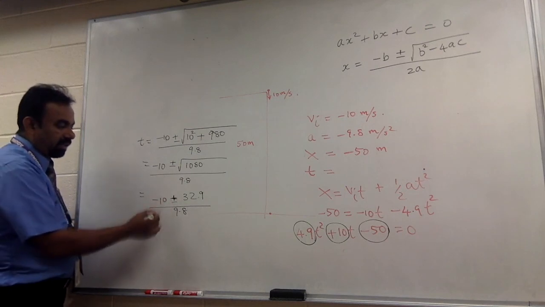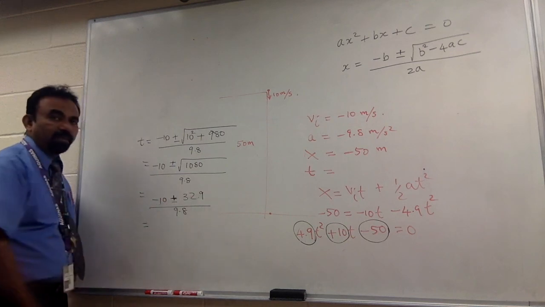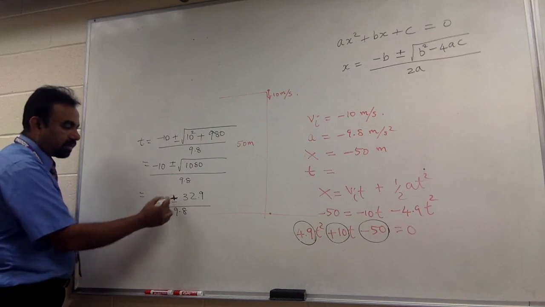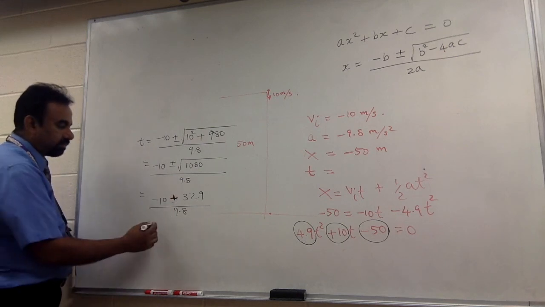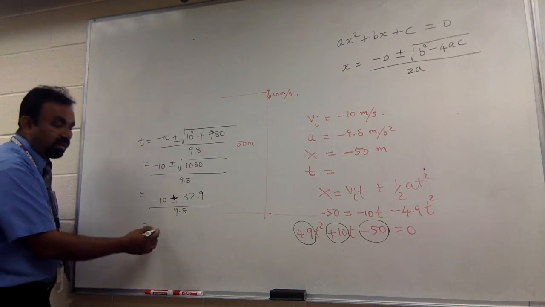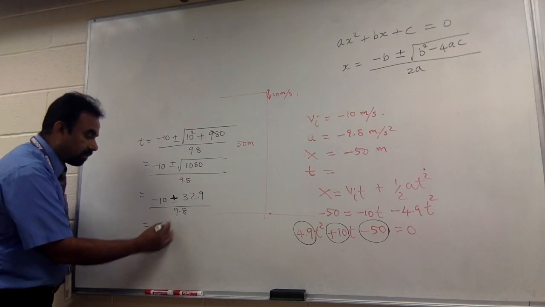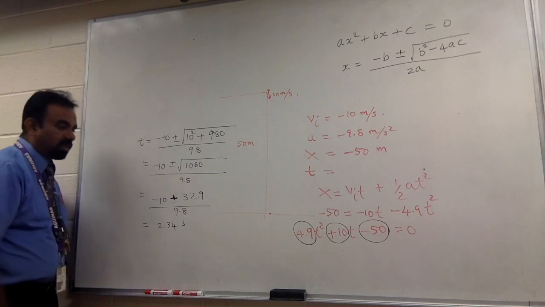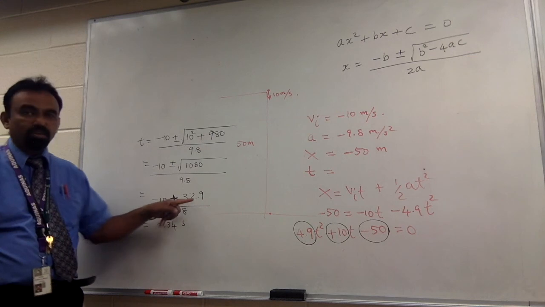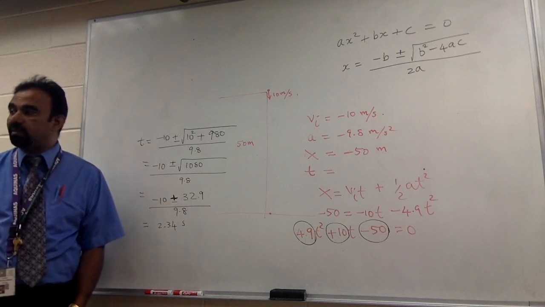If you take the plus sign alone, it's minus 10 plus 32.9, which is 22.9, divided by 9.8, which is 2.34 seconds. When I take the minus sign alone, negative 10 minus 32.9 is negative 42.9, divided by 9.8, which gives a negative time.